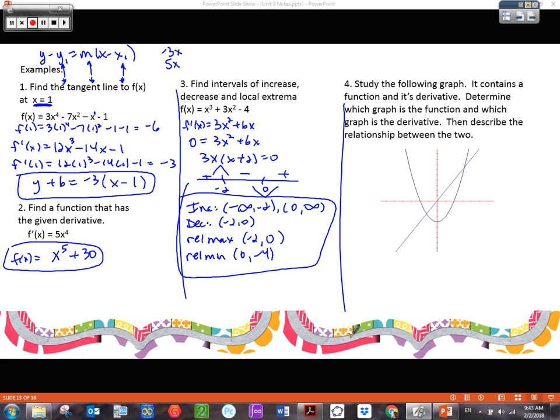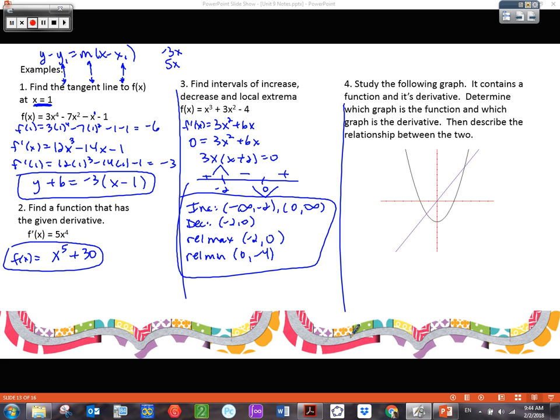We also have to be able to look at a graph and determine which one of those graphs is the position and which one is the derivative. Now, we may be thinking, and some of you probably are, oh, well, that's just a parabola and a line. I know which one is which. I want to caution you, because it is certainly possible to zoom in such a way in a graph to make it look like that's just a parabola and that's just a line.